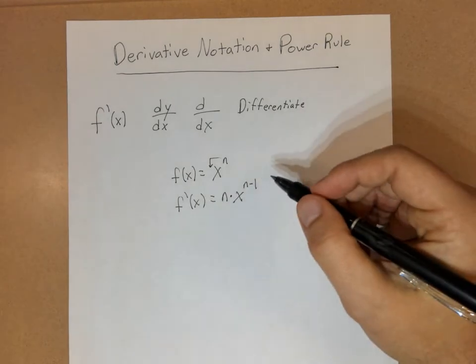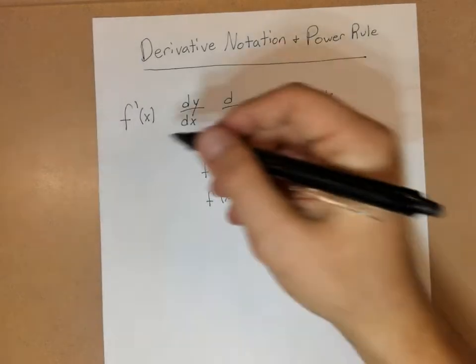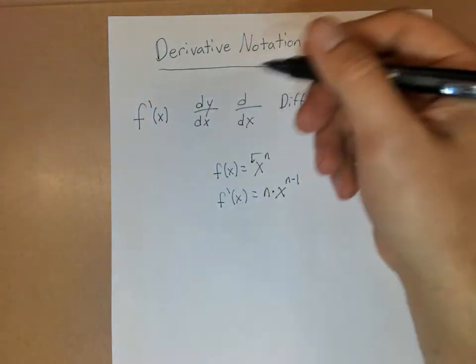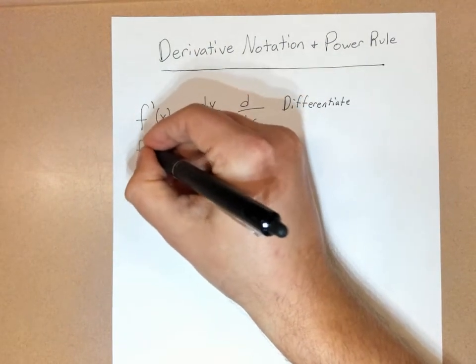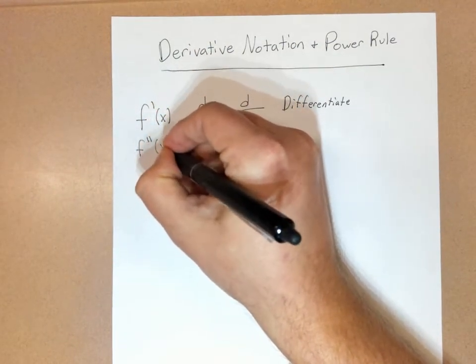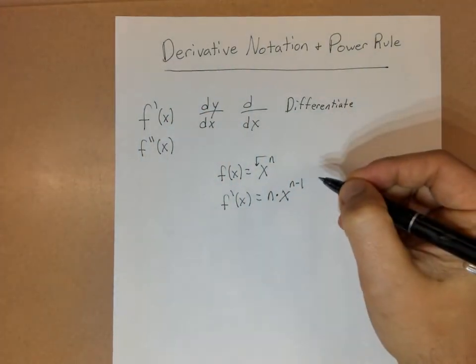One other thing I forgot to mention is second derivatives, because there's second, third, fourth derivatives. You can keep taking derivatives. So if I wanted to do the second derivative here, there would just be 2 primes instead of 1 prime.